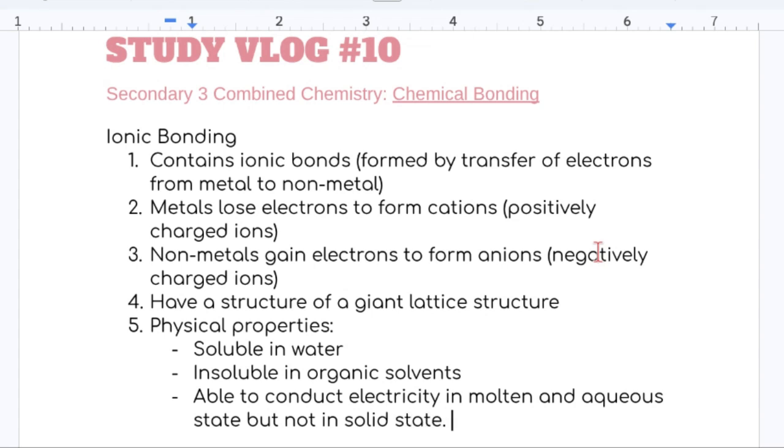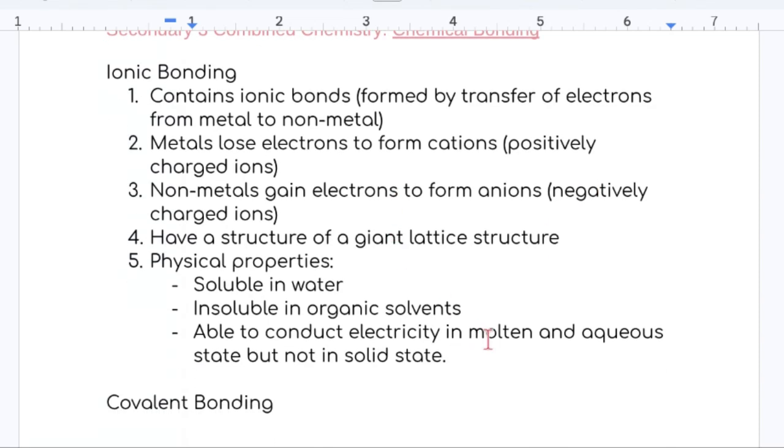Okay. For those of you who do not know what is molten and aqueous, molten is basically when a solid is melting, and the aqueous state is basically when a solid is becoming a liquid. So they both kind of mean the same thing, which means that ionic compounds are able to conduct electricity in liquid state.